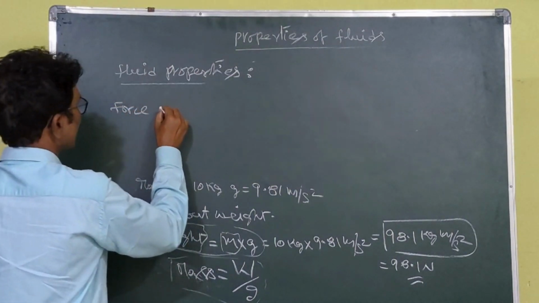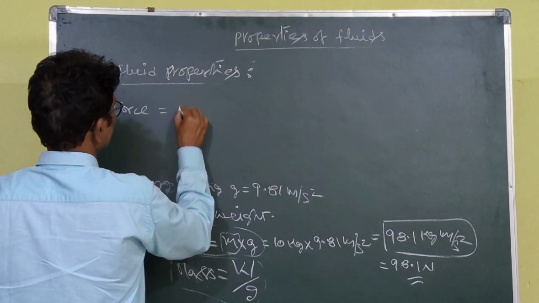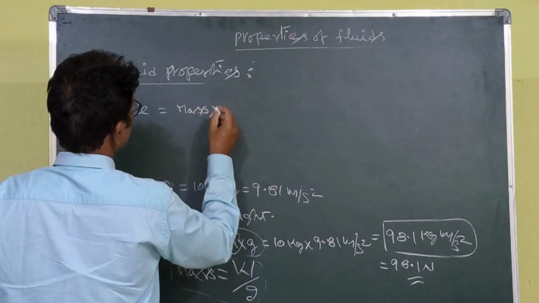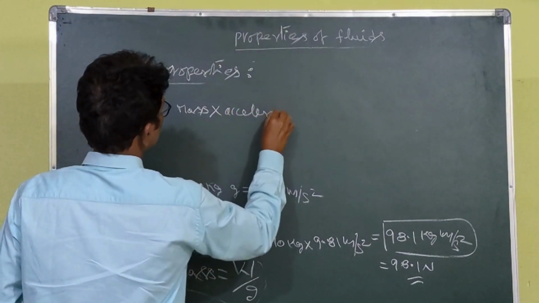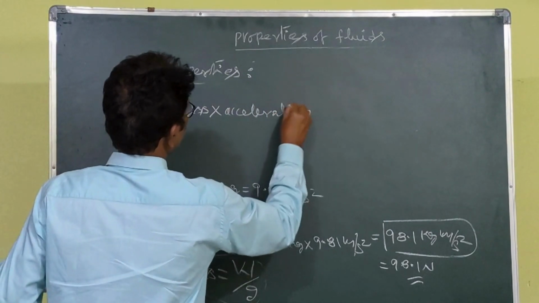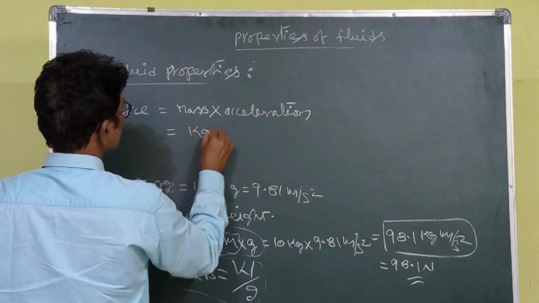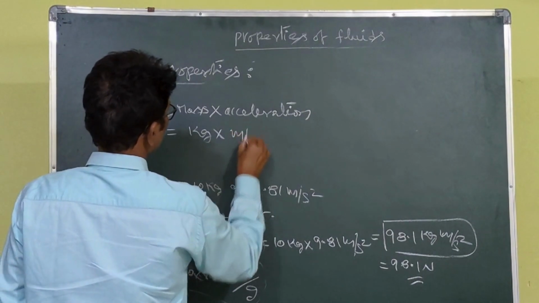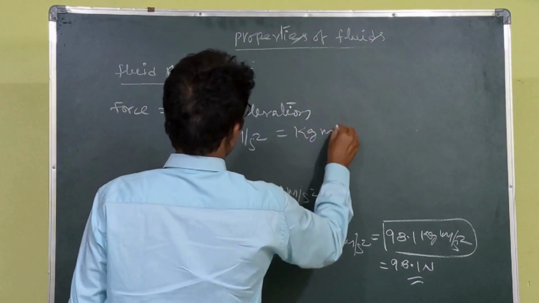Next term is force. Force is defined as the product of mass into acceleration. So the units are again kg meter per second square.